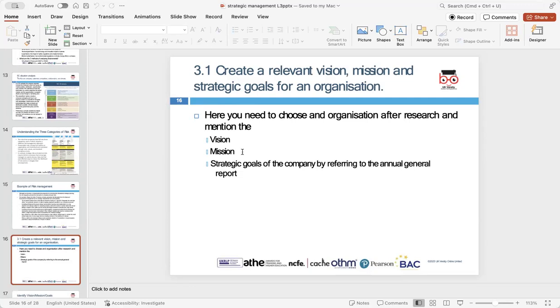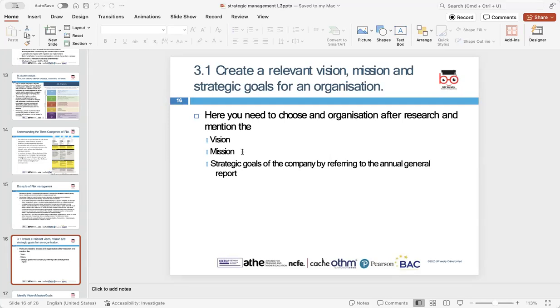When talking about strategic planning, it is important to define the vision, mission, and strategic goals of the organization. A company vision outlines its long-term objectives and where it aspires to be in the future. A mission statement describes the company's purpose and how it plans to achieve its goals. For example, an organization's vision may focus on becoming a leader in sustainable energy.